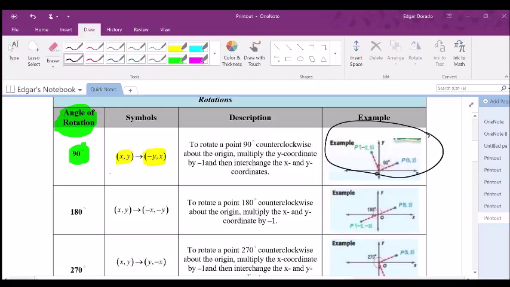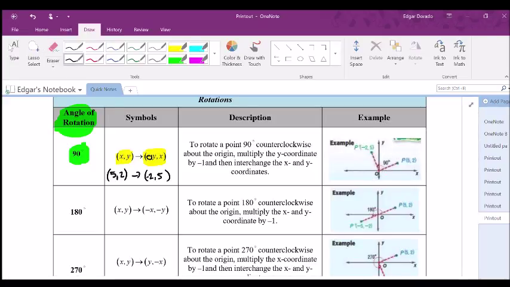So if you start off with like 5, 2, you're essentially switching your x's and your y's. So to 2 comma 5, but this one you're going to make it negative. So this is going to be negative 2 comma 5. All right, and that's exactly what we show here in both of these points on the right. Okay, so that is what an example of a rotation of 90 degrees looks like.